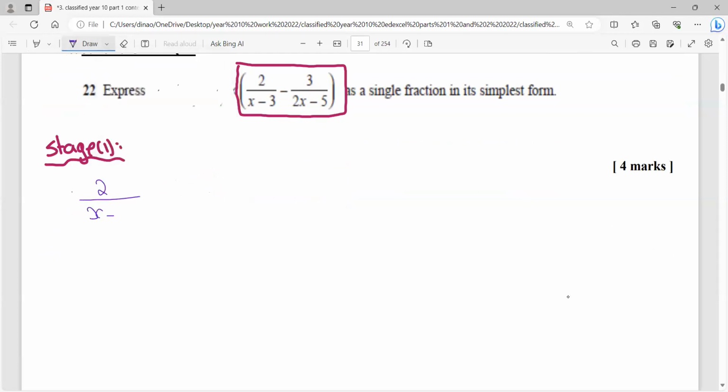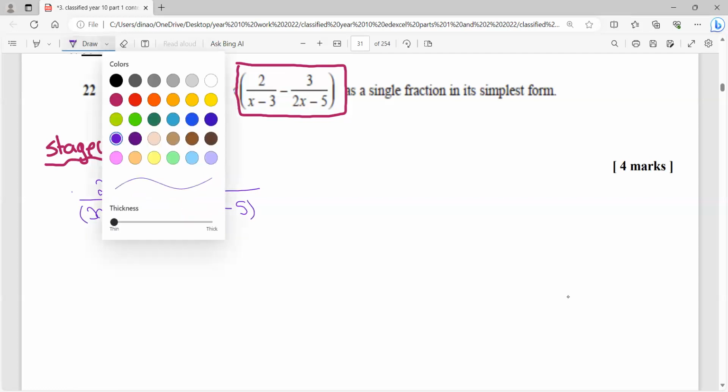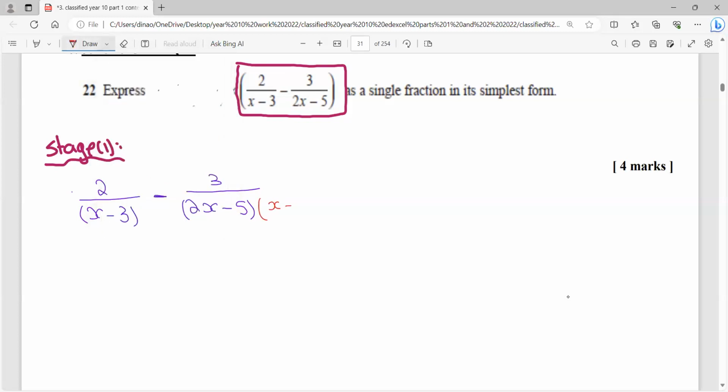So this is the first fraction, minus this is the second fraction. Of course, as discussed in part 1 of simplifying algebraic fractions by addition and subtraction, always put brackets to avoid silly mistakes. And if you remember, in these sorts of questions, all I need to do to have the same denominator is multiply the denominators as they are totally different.